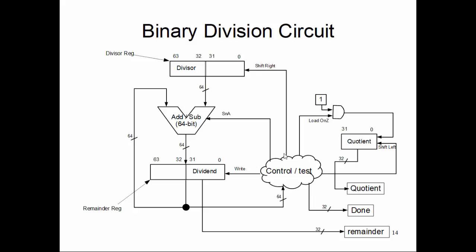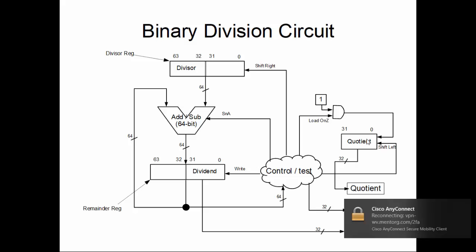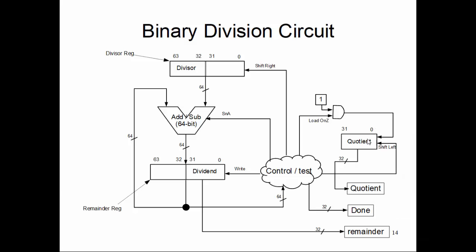By checking the result of the remainder register, if it is negative, then it will send out a 0 signal onto load on Z, this control signal, so the AND would be a 0, and it will insert a 0 in the quotient bit. Now, if it becomes positive, then it will issue a 1 into this load on Z, and the outcome of the AND would come to 1. A 1 bit will be inserted into the quotient register.